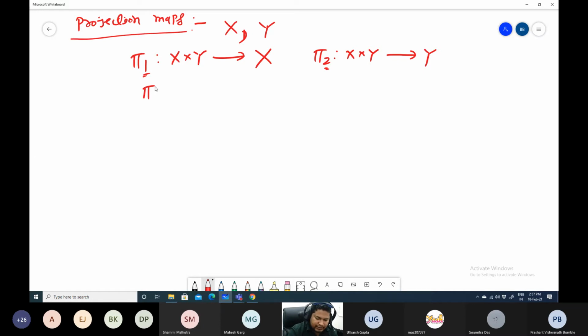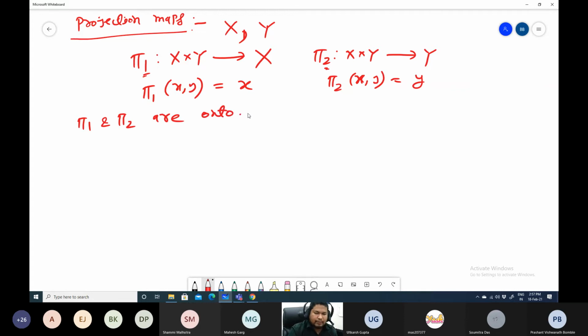Now how is it defined? pi 1 of (x, y) equals just x, and pi 2 of (x, y) is just y. Then obviously you can check that pi 1 and pi 2 are onto maps, right? And they are also continuous.